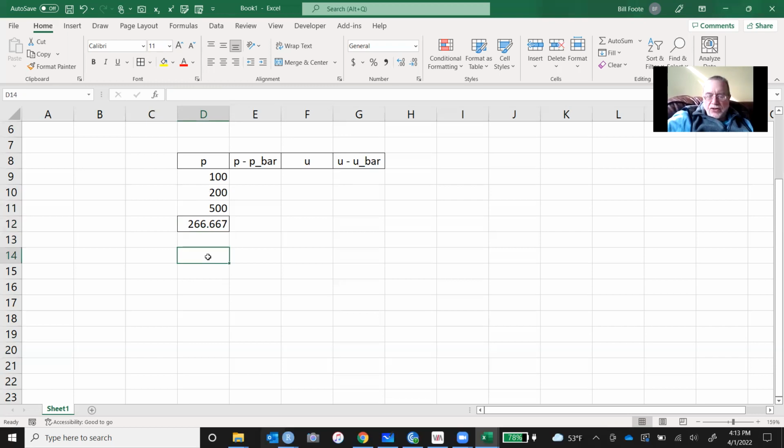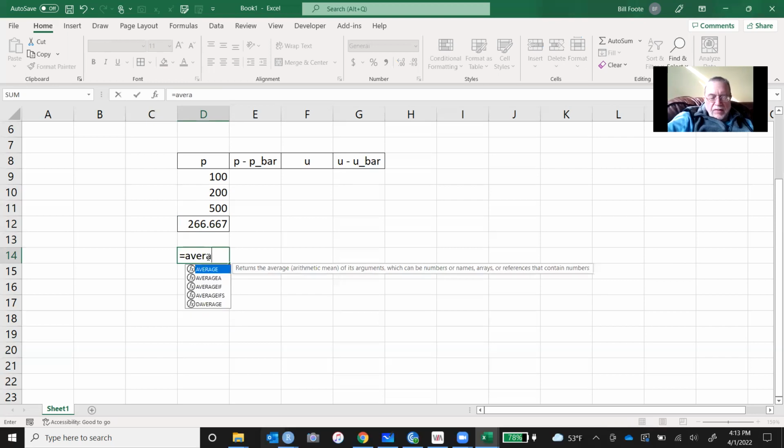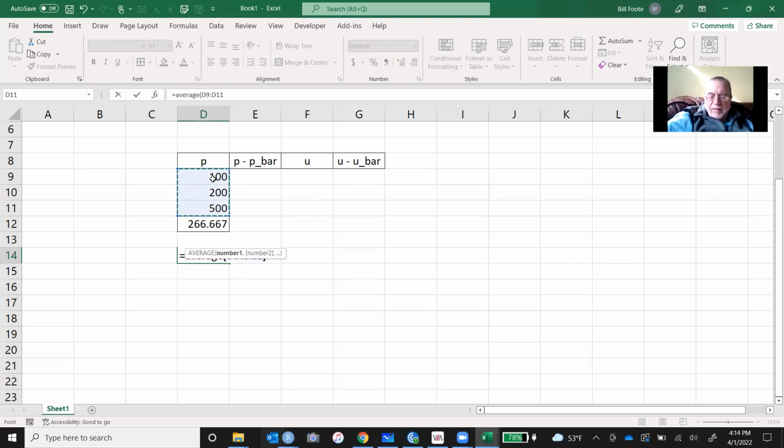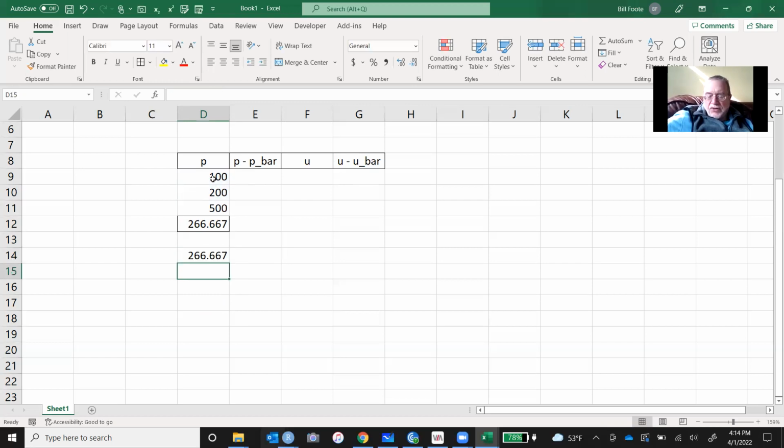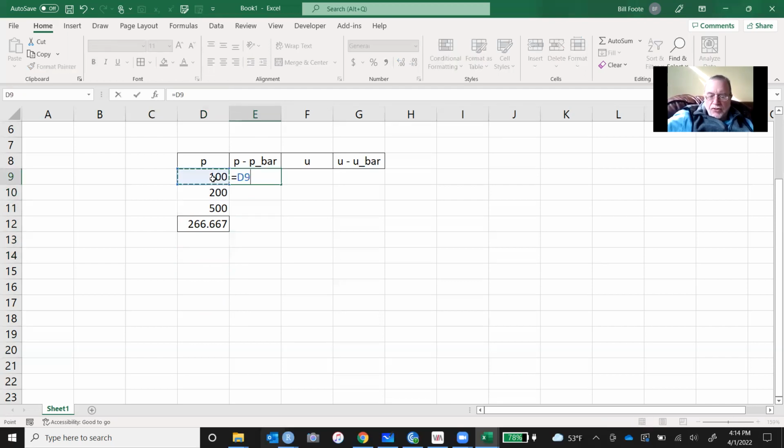You could just as easily have used this. It's more typing in a sense. They have the same answer. Always check your formulas.